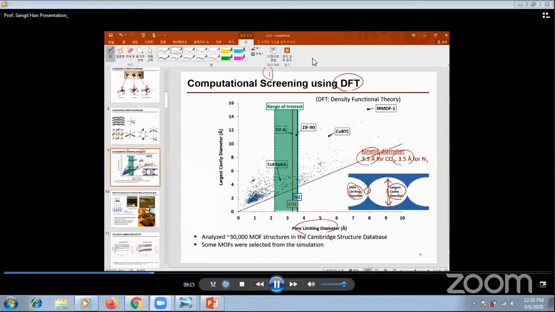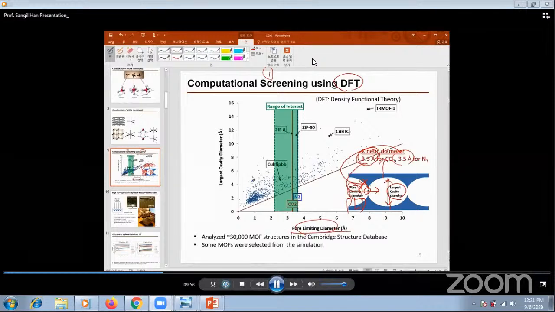If the MOF pore size, the PLD, is between these two, only CO2 passes through the MOF pore, but nitrogen cannot pass through and cannot adsorb on the internal pores of the MOF, because the molecular size is larger than the MOF pores.